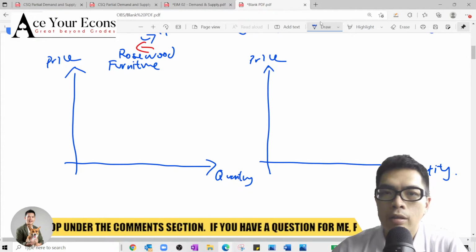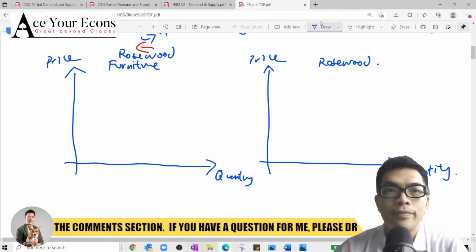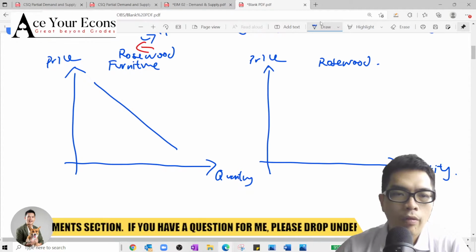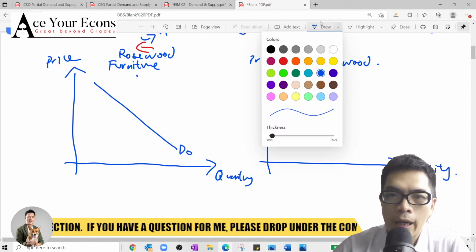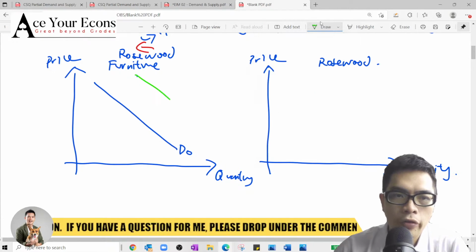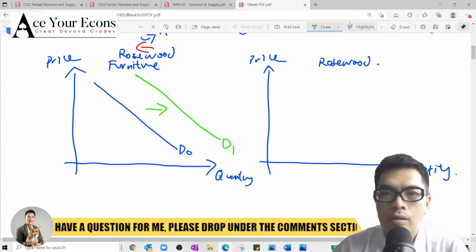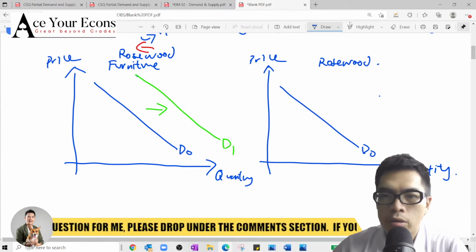And the factor of production is rosewood. So you can see that when there is an increase in demand for rosewood furniture, for whatever reasons, the demand for rosewood is also going to go up together.